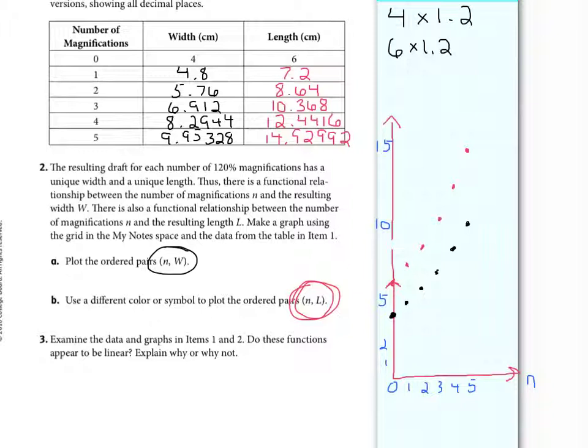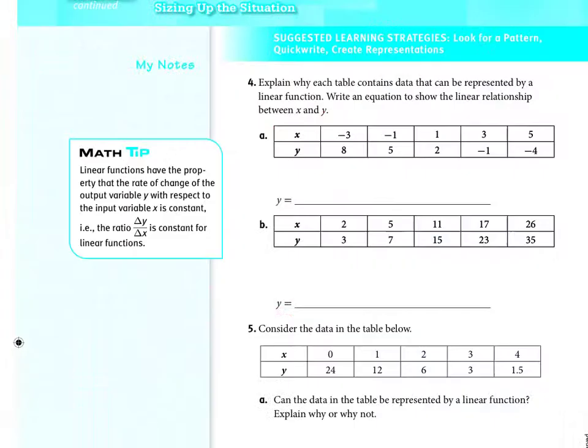Having that rate of change that is constant. So let's look at some other tables of data on the next page, and see if these are linear or not.